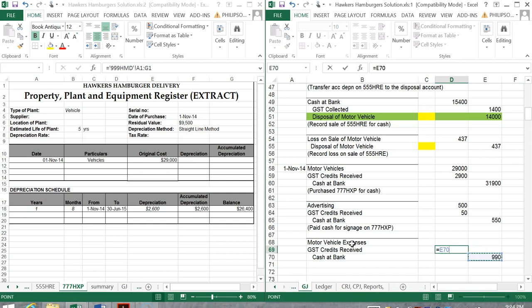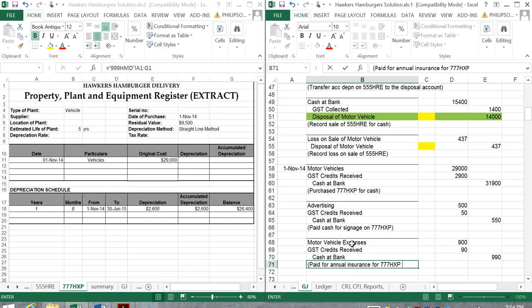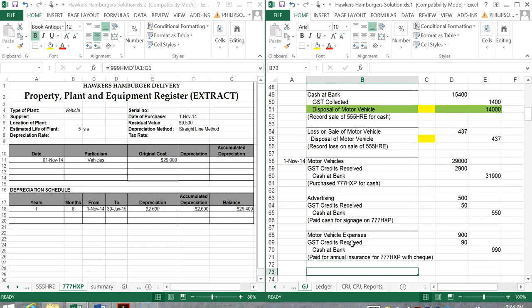GST equals gross amount divided by 11. Motor vehicle expenses, $9.90 minus 90 cents. Paid for annual insurance for 777, check. Alrighty, so that's everything to do with the purchase of that vehicle.